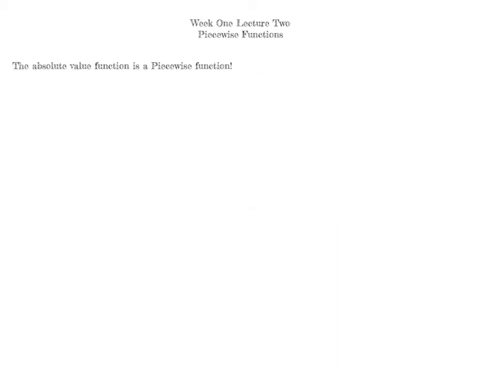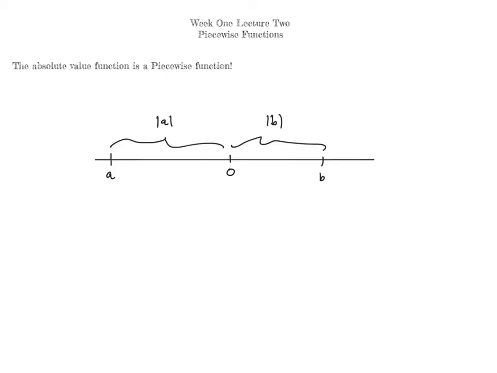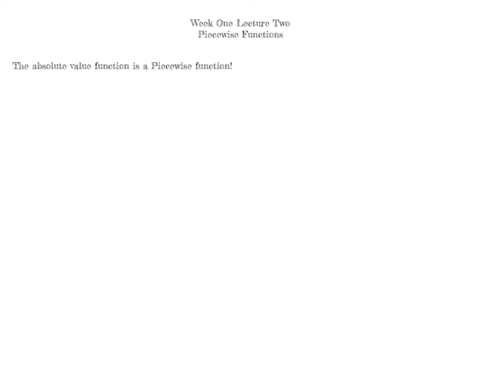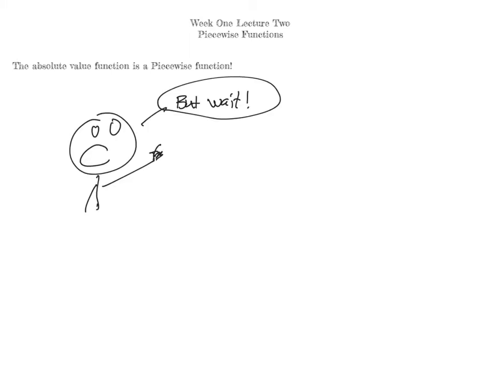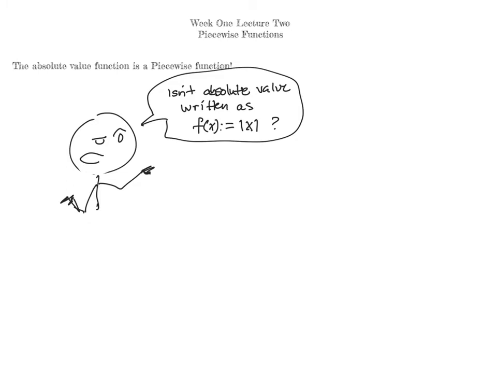Most people would describe absolute value in geometric terms as the distance of a number from zero. Algebraically, however, the absolute value function is defined piecewise. This means that it isn't defined by a single rule. But wait, you might say, isn't the absolute value written as f of x equals absolute value of x, with bars?